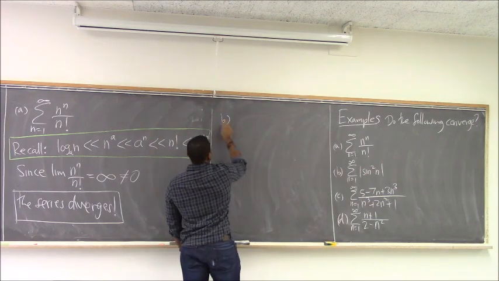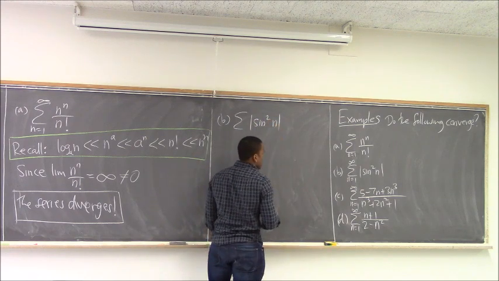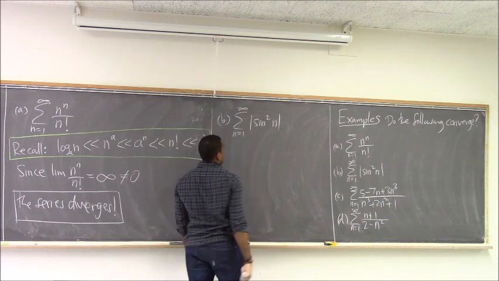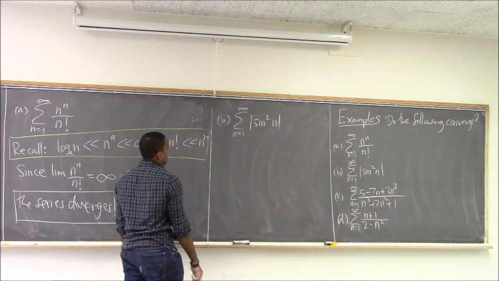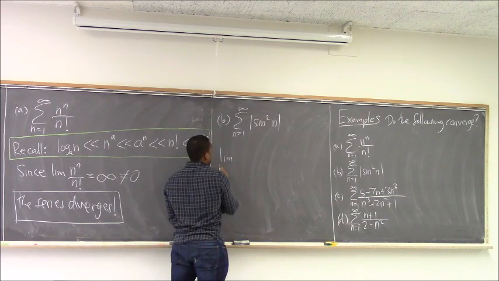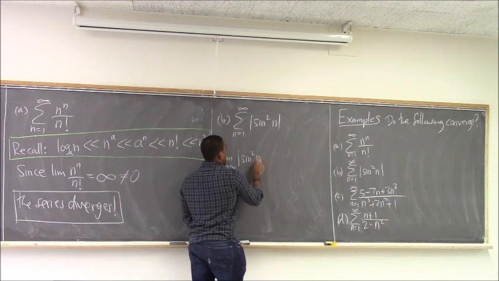If you look at B, we need the absolute values here. So you see something like that. What is the limit as n approaches infinity of sine squared n?